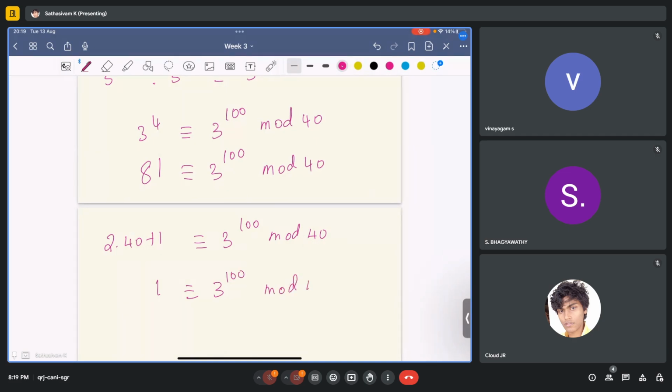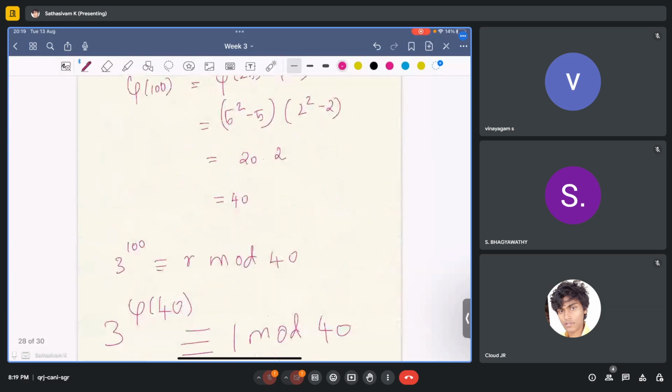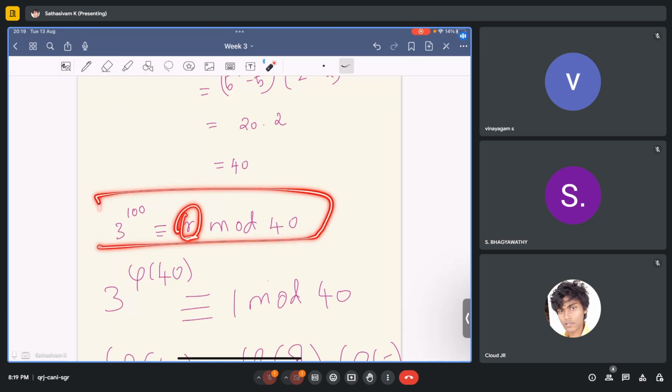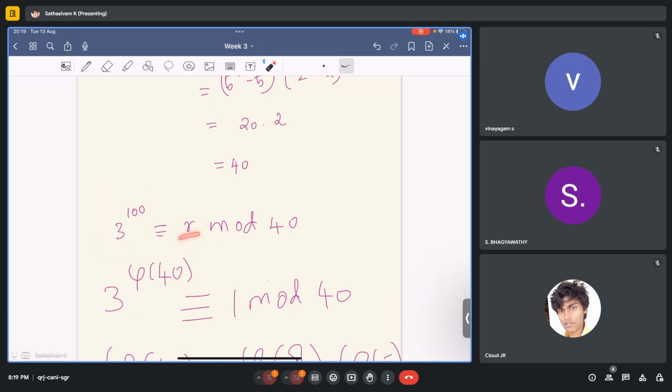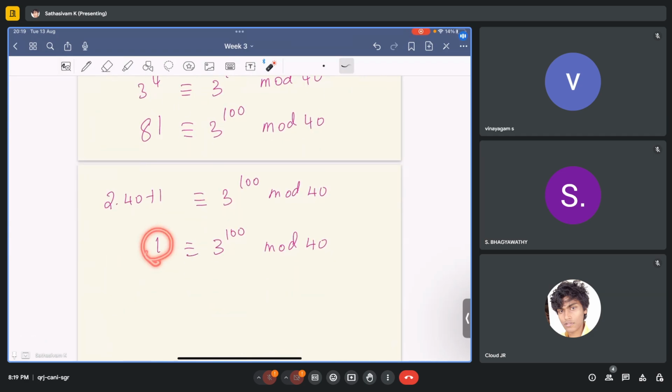Let's see what we want and what we got. This R is what we want, right? 3 power 100 is congruent to R mod 40. And this R is 1 actually.